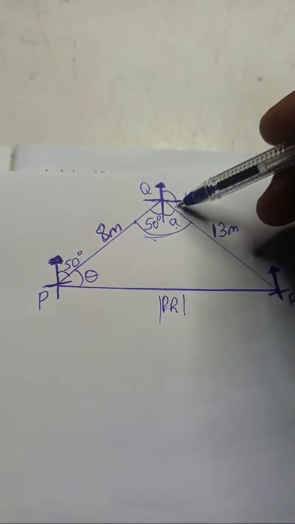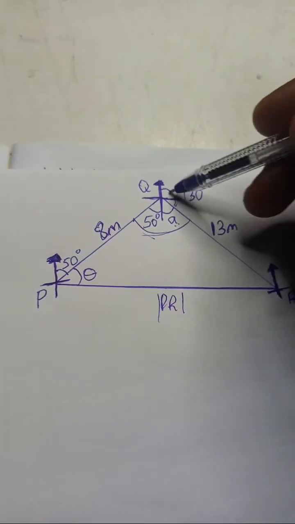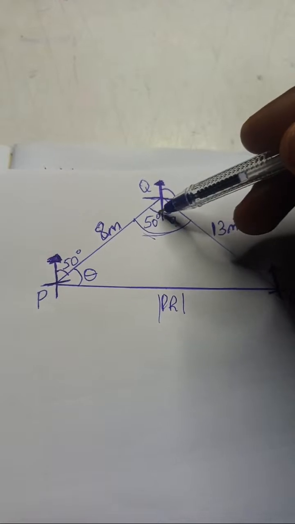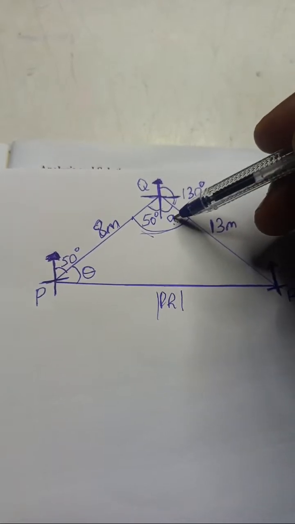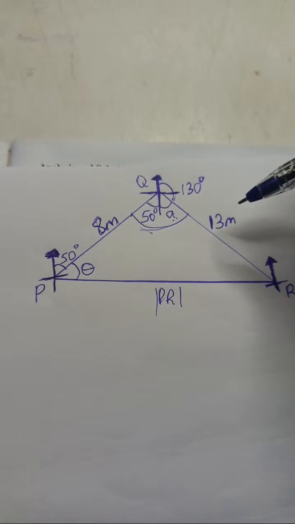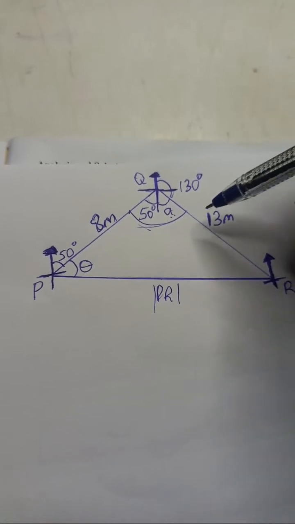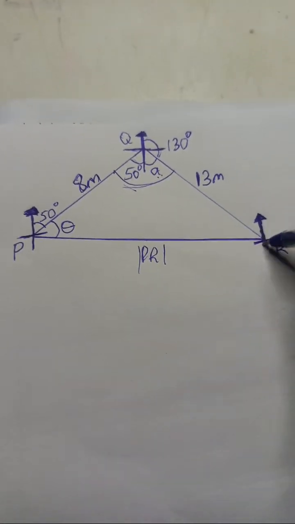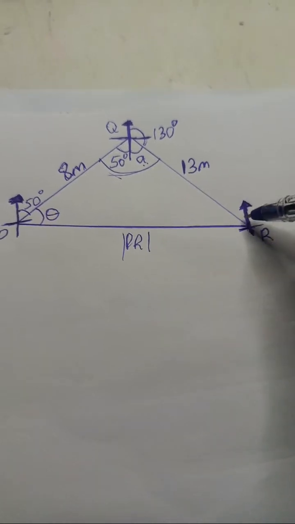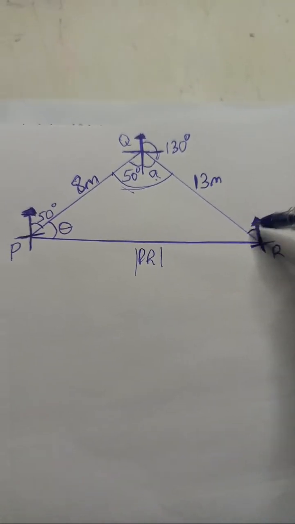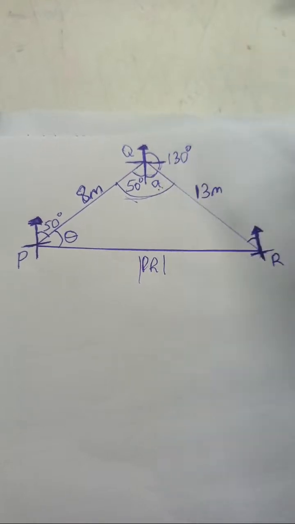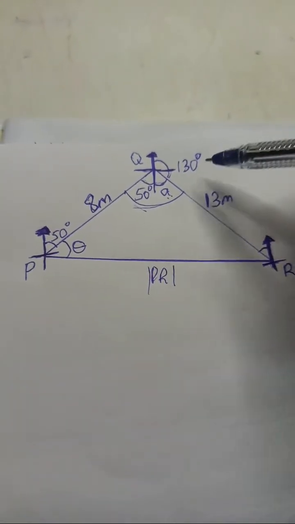From here to here is 130, and from here to here is 50. For us to get this A, we use the method of alternate angles. The angle here is also going to be the angle between here and here. But there is another method we can use.